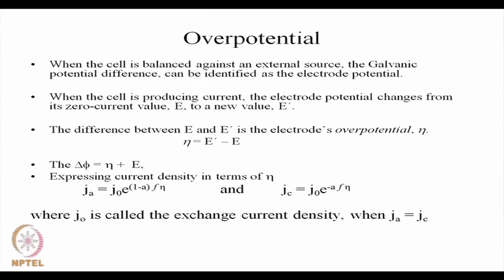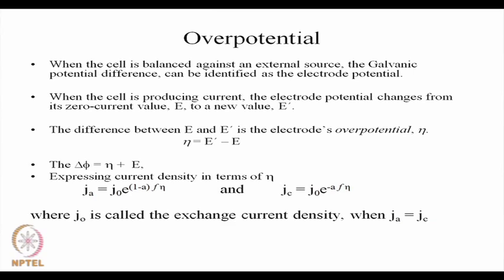Next is overpotential. There is another aspect which is very important, that is overpotential. First of all we have to know what overpotential is. Now, when a cell is balanced against an external source, the galvanic potential difference can be identified as the electrode potential. Okay. So, think of Poggendorff's compensation method by which we can measure the electrode potential.